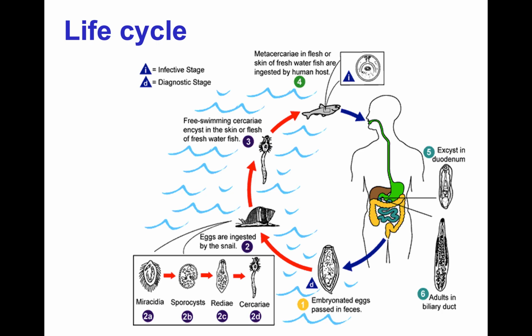So in the list you can see there are 1, 2, 3, 4, and at this time the population is enlarged, and later the Cercaria get outside the freshwater snail, and they are free swimming. They find the way to get inside the freshwater fish, and they prefer to live in the skin or the flesh, and later maybe the freshwater fish were ingested by the human being.